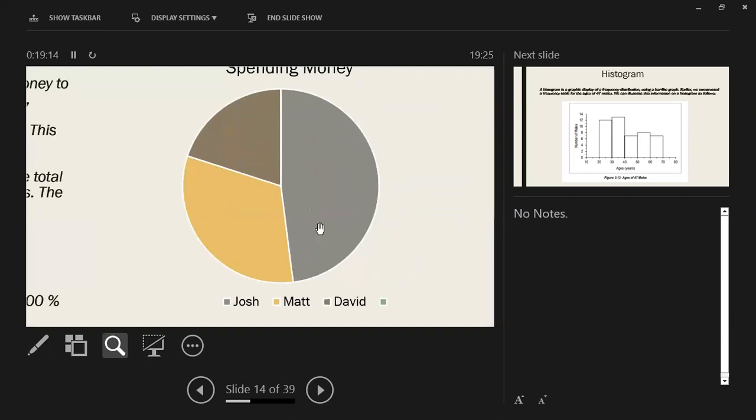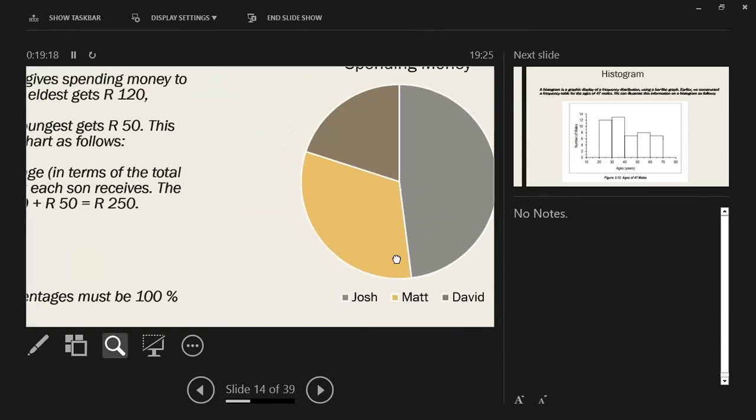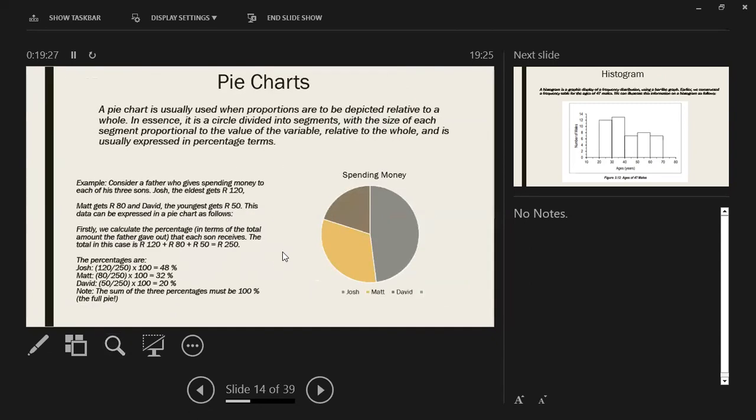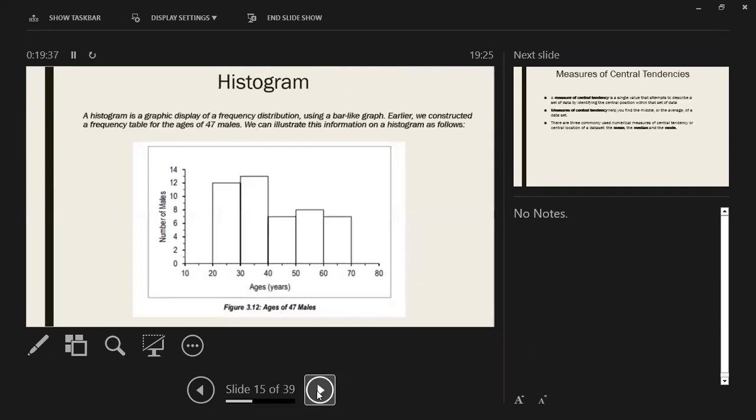This is 48%, this is 32, this is 20. You can see that this is Josh, this is Matt, this is David. So you can easily see the proportion of the amount that Josh got in relation to the whole amount.